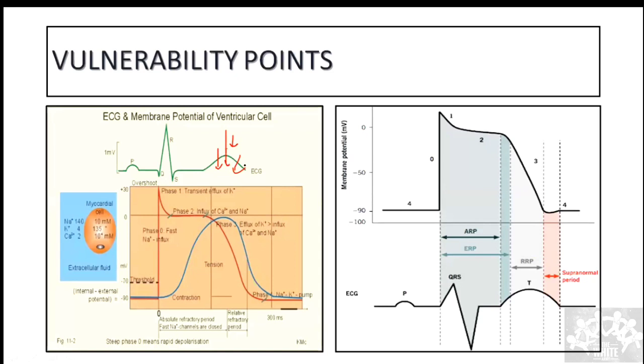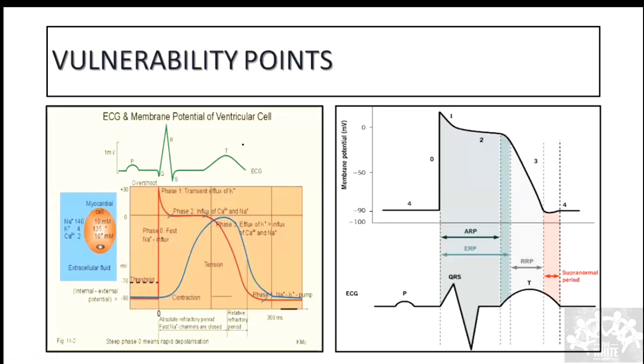That is why we'll come to something called cardioversion and defibrillation. So this is the vulnerability point. In this region, during this time, the heart is vulnerable to the generation of arrhythmia.